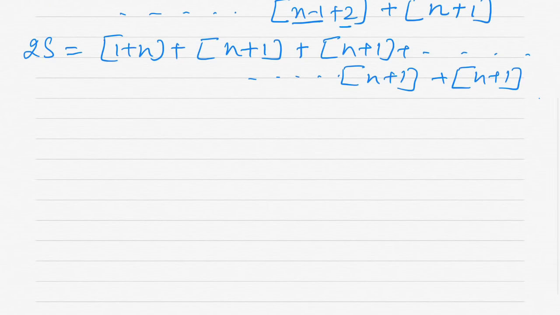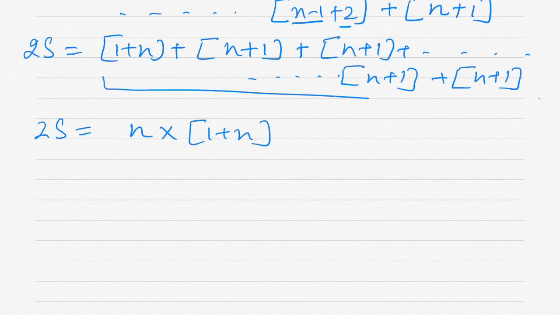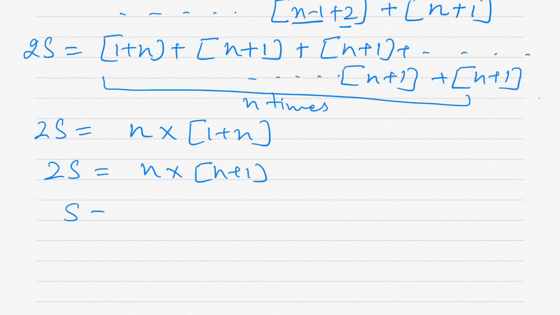So 2S is equal to n into 1 plus n. Why? Because all these terms are n plus 1, and there are n terms. So 2S is equal to n into n plus 1. So S is equal to n into n plus 1 divided by 2.